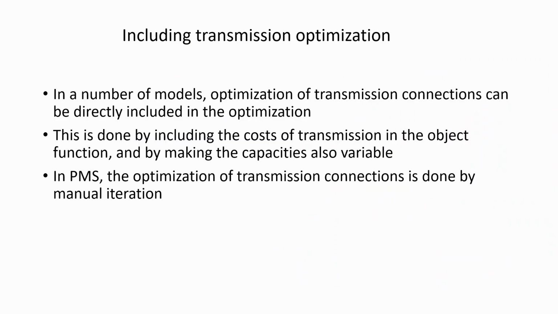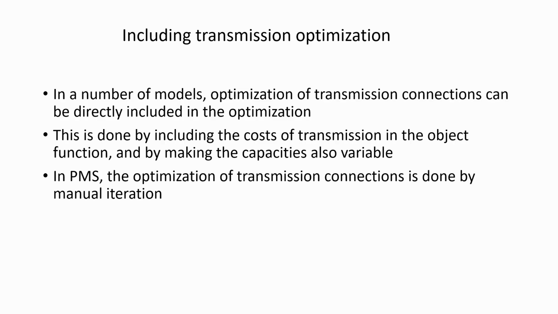In the remainder of this video, I will show you how you can also include optimization of transmission into your calculation. In a number of models, optimization of transmission connections can be directly included in the optimization.